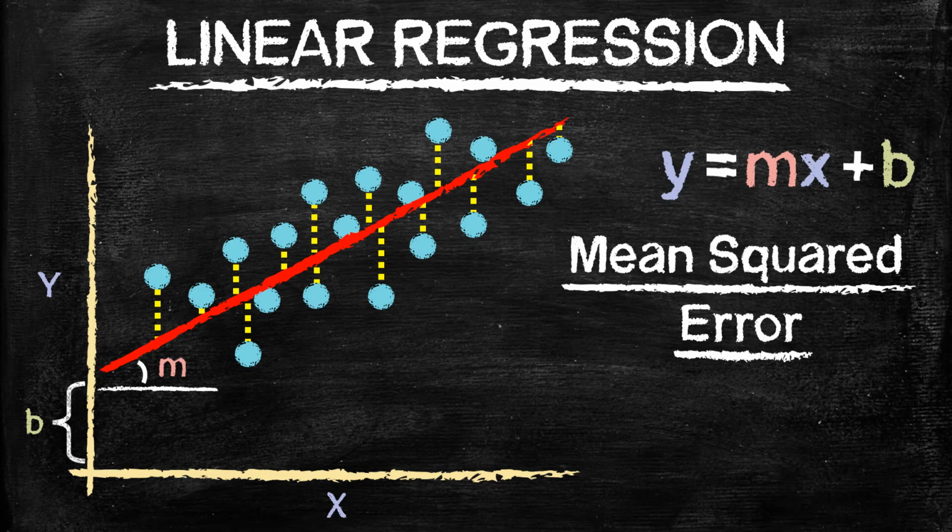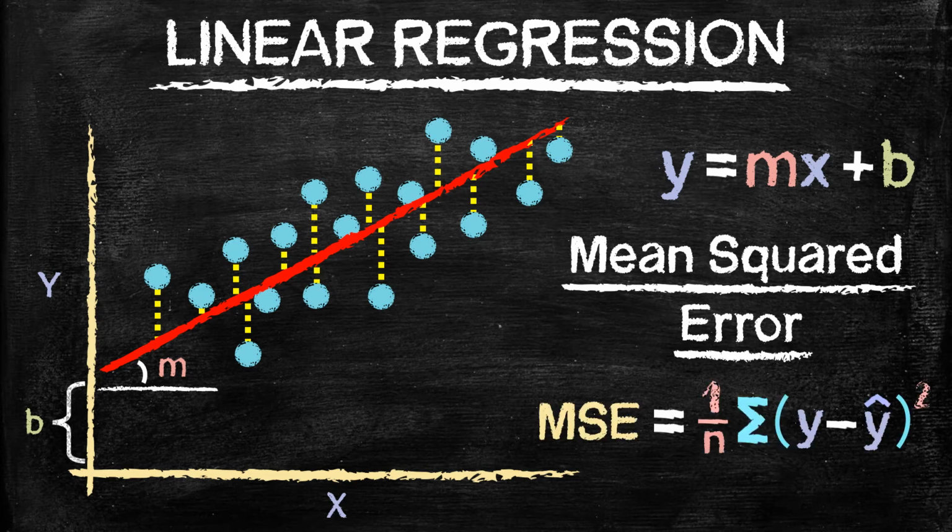And to do that, we're going to use something called mean squared error, where we're taking those distances and we are going to subtract the known points from the predicted line to get those distances, and then we're going to square the distance and take the average. And this comes up with the MSE value. And the whole point of linear regression is to just minimize the amount of error that our predicted line has, which will give us the best trend, hopefully.